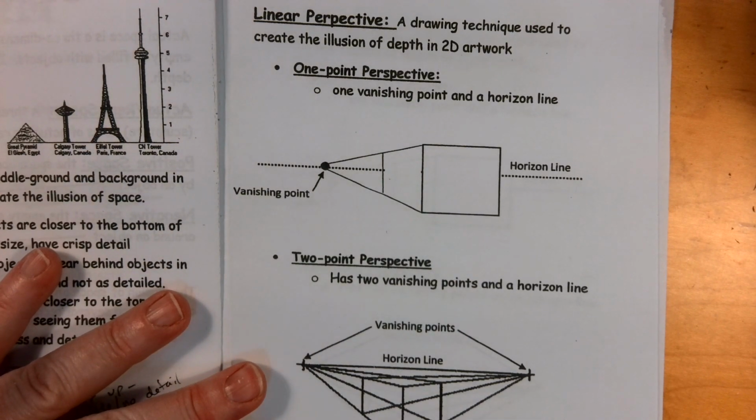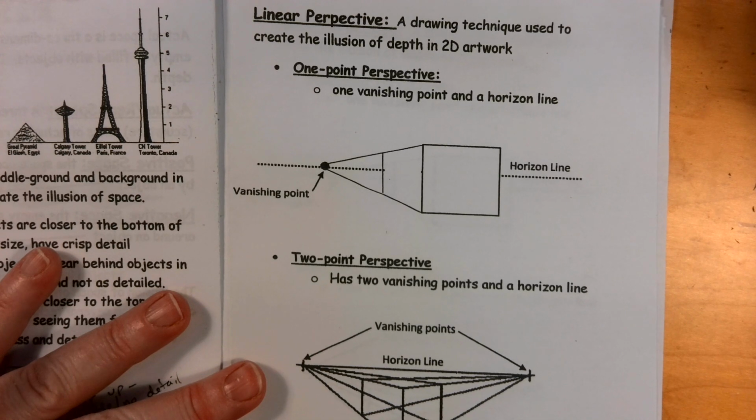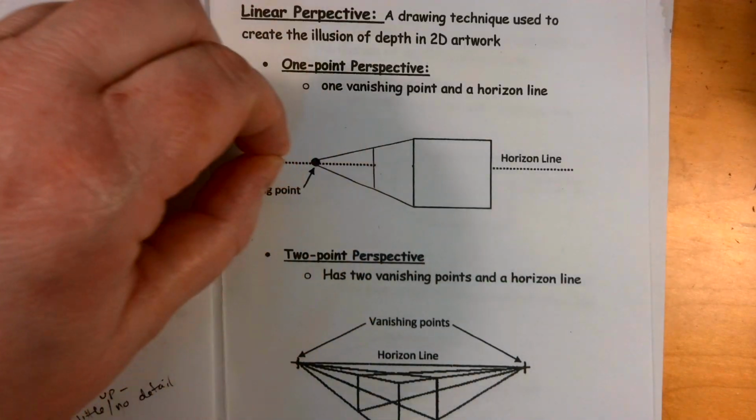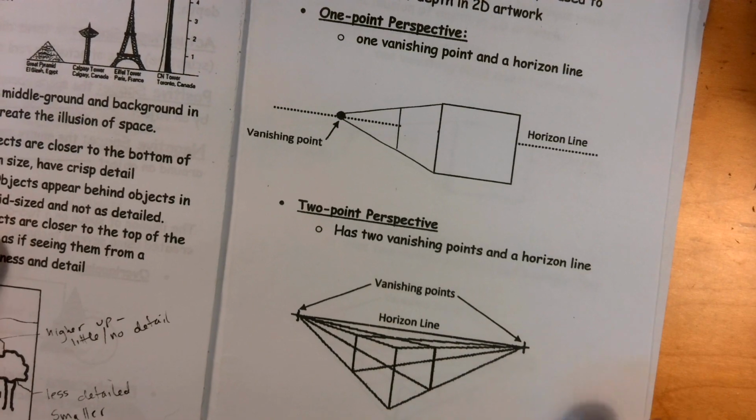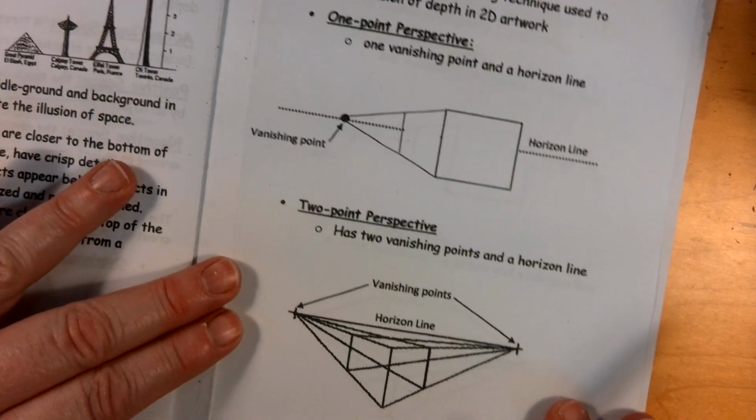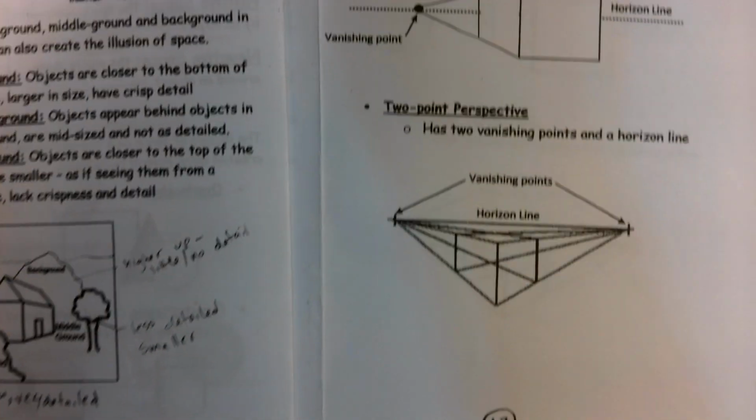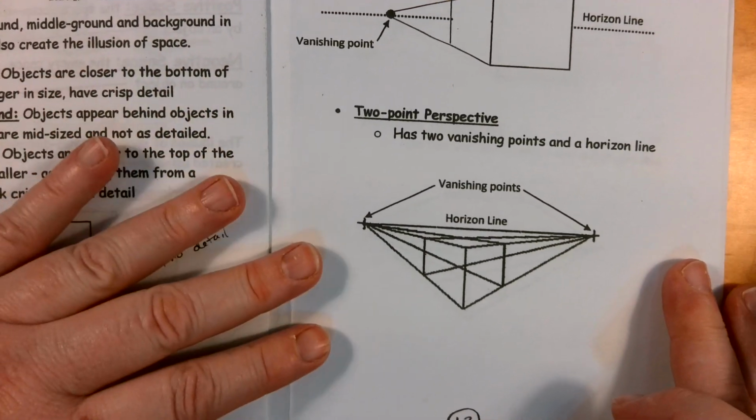This is a very technical type of drawing. We're usually using rulers and other man-made objects to make sure that we are pulling very straight lines and they are agreeing in the background. We are doing sort of a generalized version of this bottom one in our warm-ups, two-point perspective.